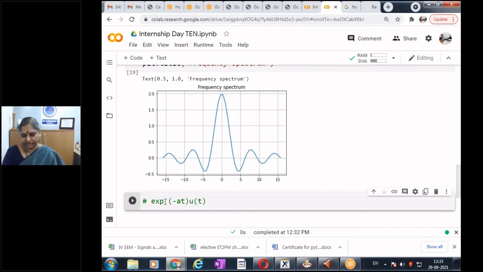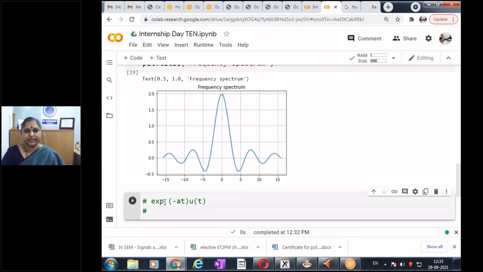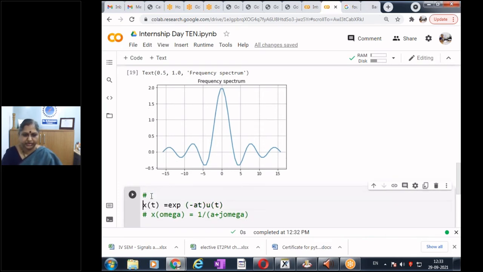If I want to plot this one, this is my signal x of t, and this we know has x of omega as 1 by a plus j omega. This is a result we know. So this is an example of the exponential signal.